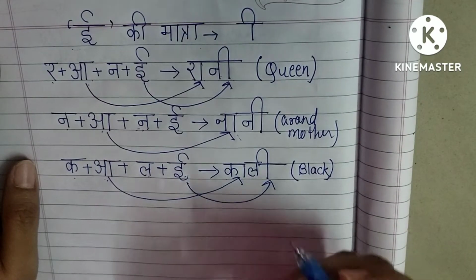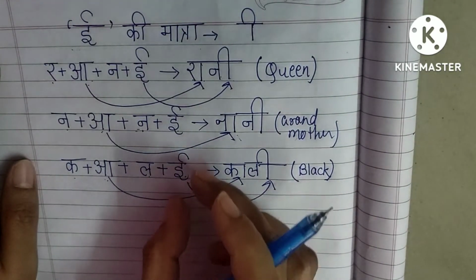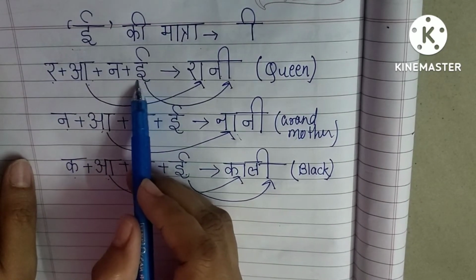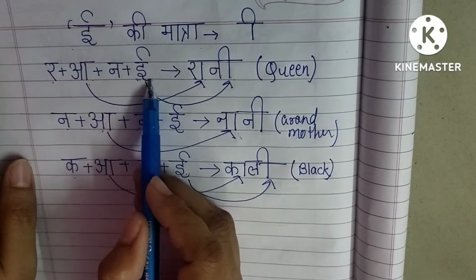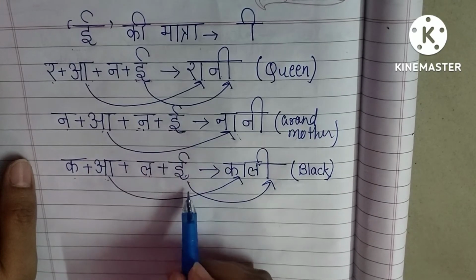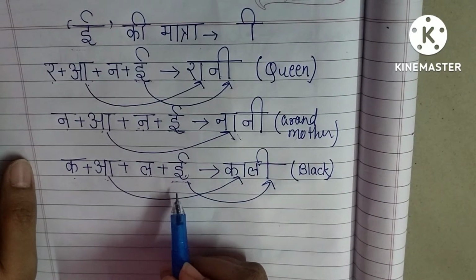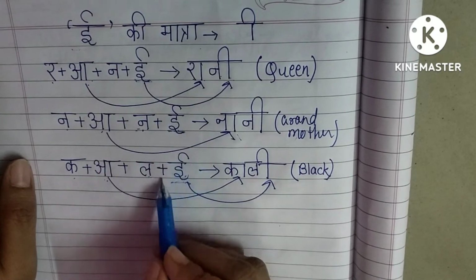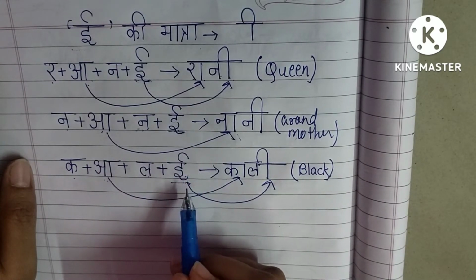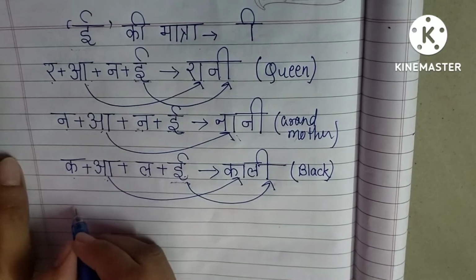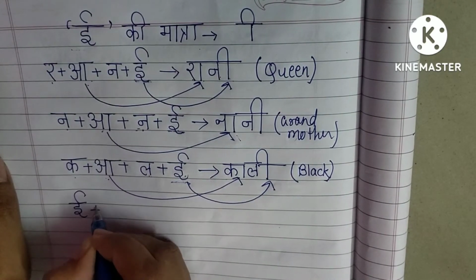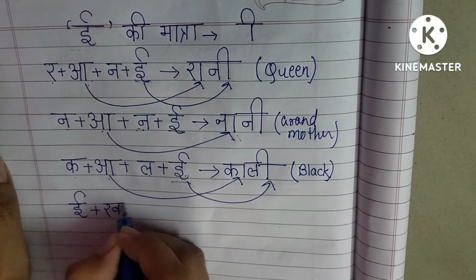Now, here you can see this E comes at the last place, here also in the last place. But if this E comes at the first place, then you should not write E ki matra, but you should write E. For example, Eek. Eek means sugar cane. E, then kh. Eek.